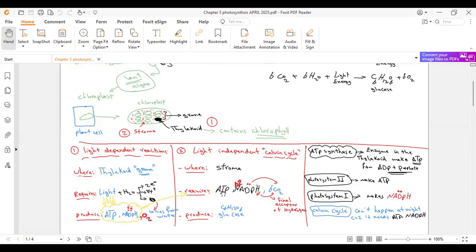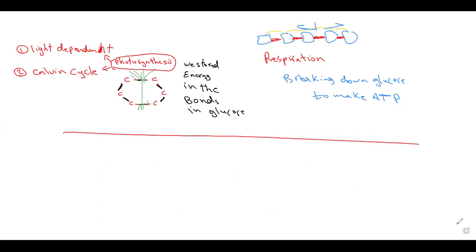So we use the energy of the ATP and the NADPH to combine carbon dioxide, taking this hydrogen, to make glucose. Okay? Cool. Now let's make the same design of this page for today's session.